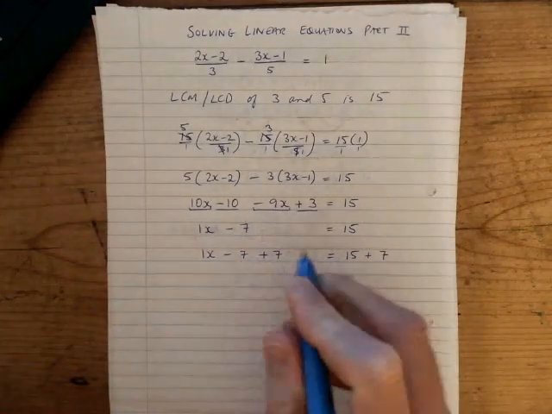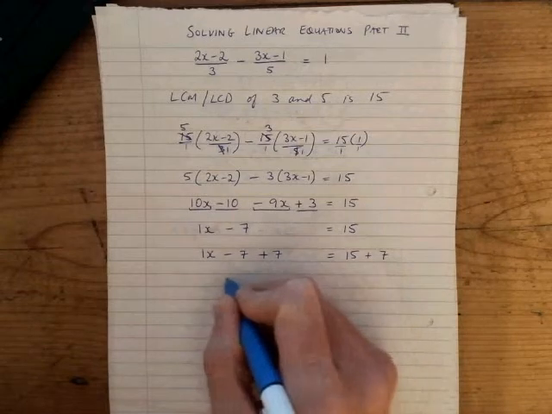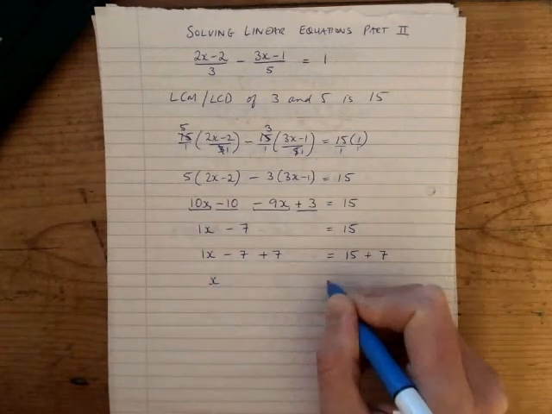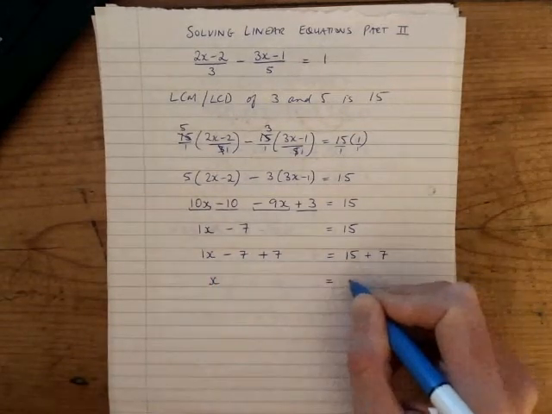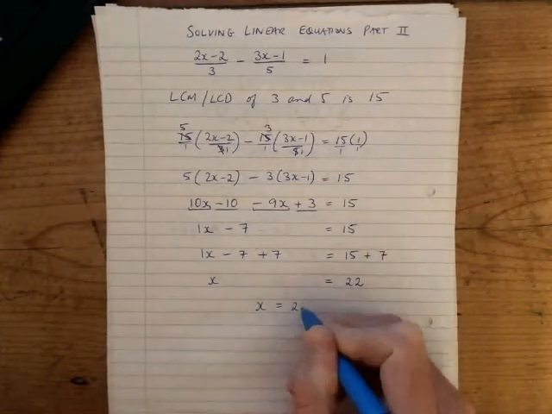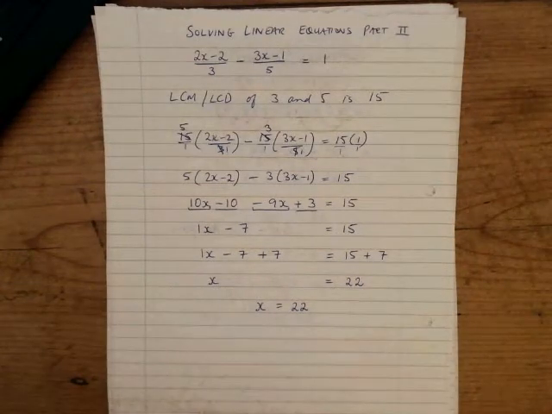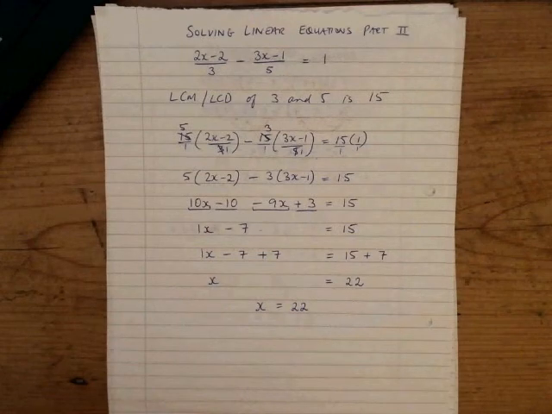So 1x minus 7 plus 7 is just x, and we have x equals 15 plus 7, which is 22. So our solution is x equals 22. And that's how you solve a linear equation involving fractions.